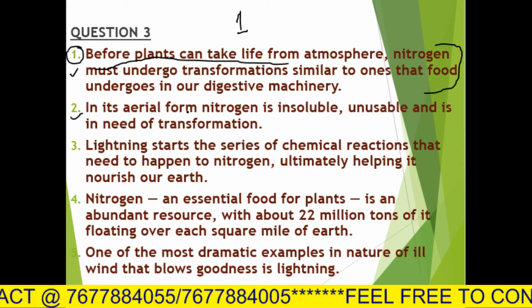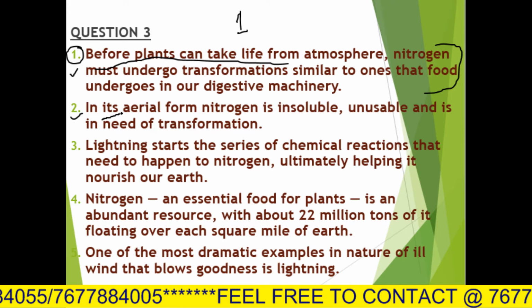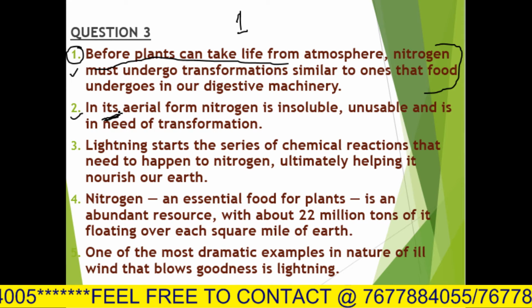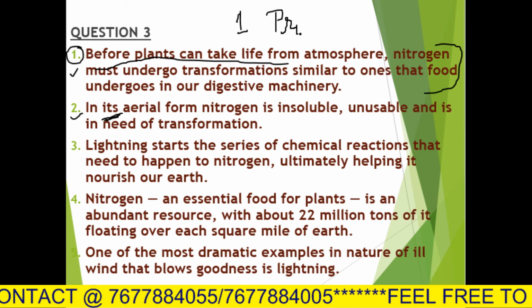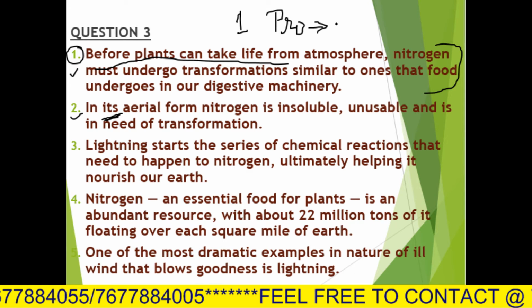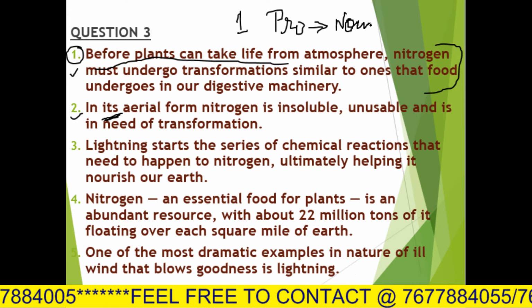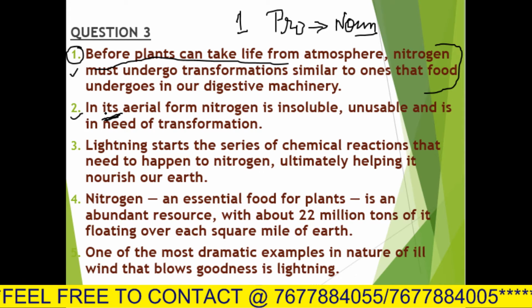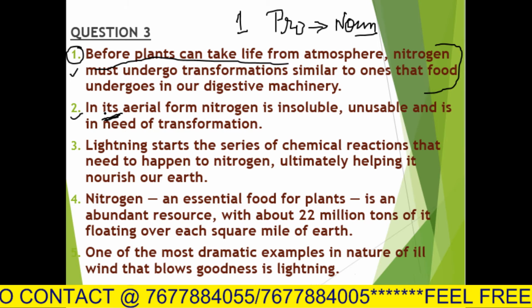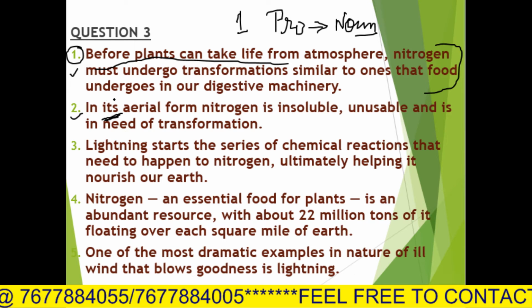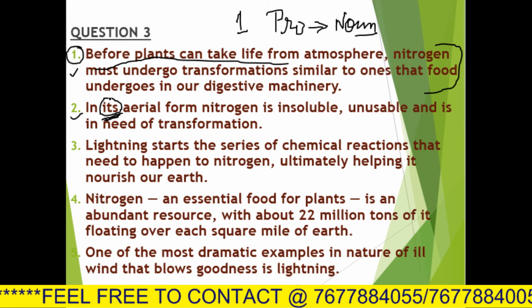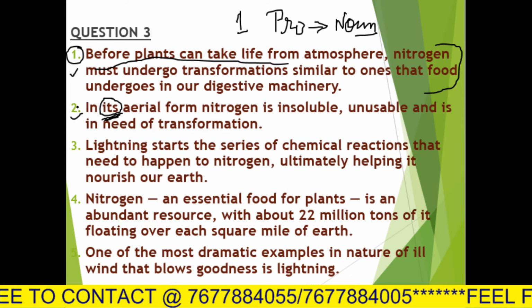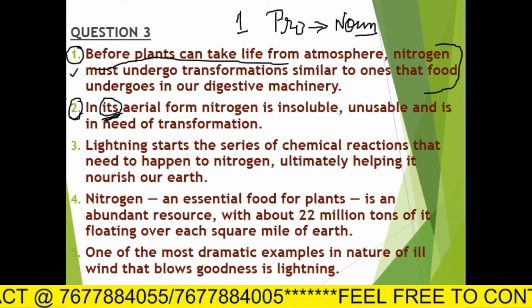"In its aerial form." Here "its" is representing a noun, and whenever we get a pronoun we must hunt for a noun. This is showing possession of a noun, but which noun we don't know, so 2 cannot be the first sentence.